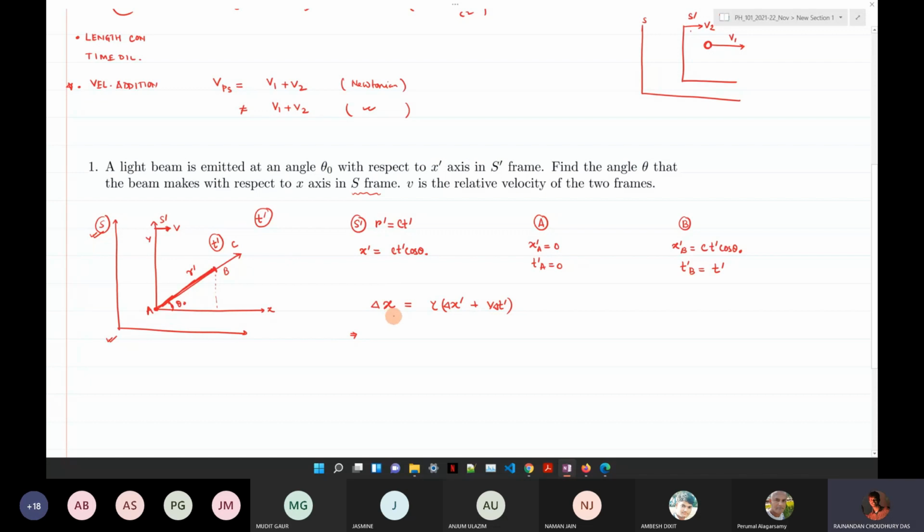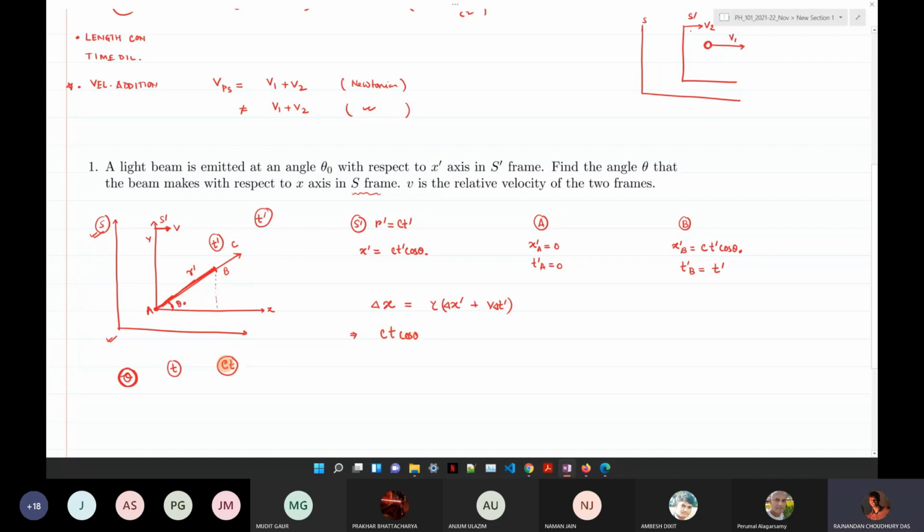Now what will be the delta x? Suppose in S frame our angle is theta. We don't know if it will be theta 0 or theta; let us assume that it has changed to theta. So the distance covered in S frame in time t will be c t, and the distance covered along the x direction will be c t cos theta.